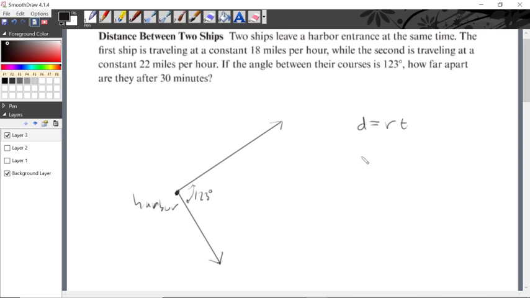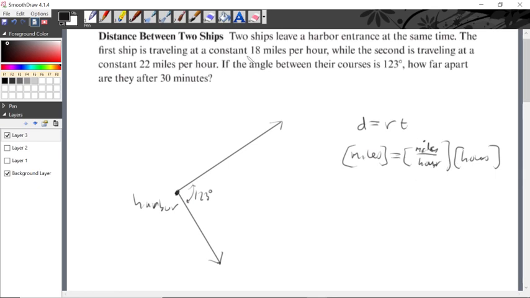The amount of miles that a ship has traveled is equal to the miles per hour times the number of hours, because then hours would cancel hours, and so miles would equal miles. The rate could be given in miles per hour, or meters per second, or feet per minute. Make sure the units of time match up so that they cancel out appropriately.